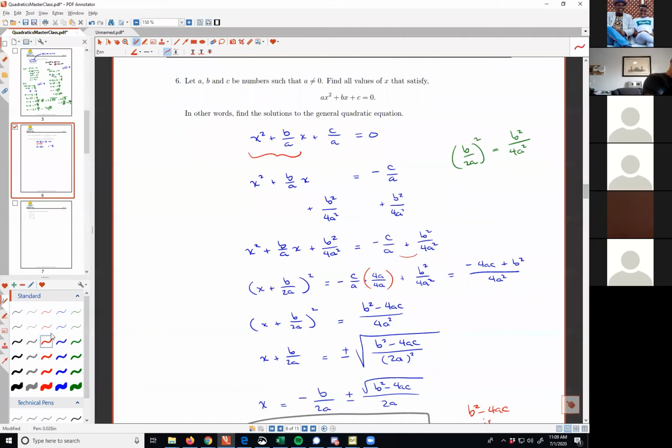Quick summary. We divide out the lead coefficient, and that means that we are only dealing with quadratics of lead coefficient 1. Okay? And then we completed the square.